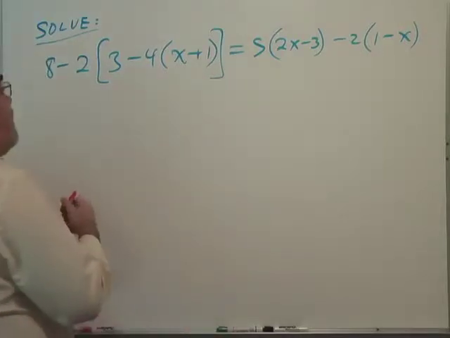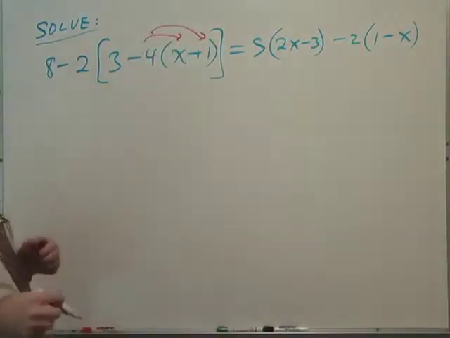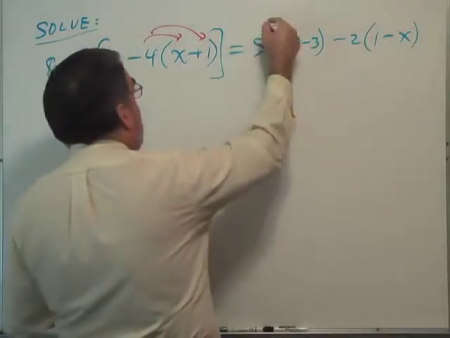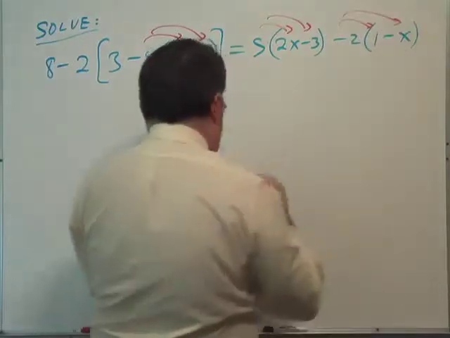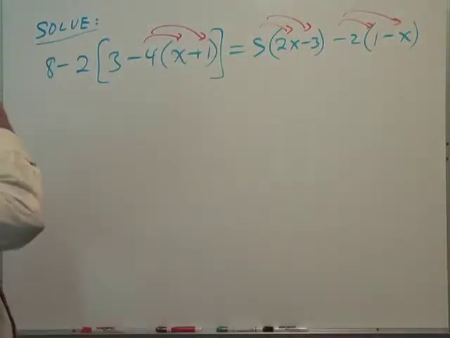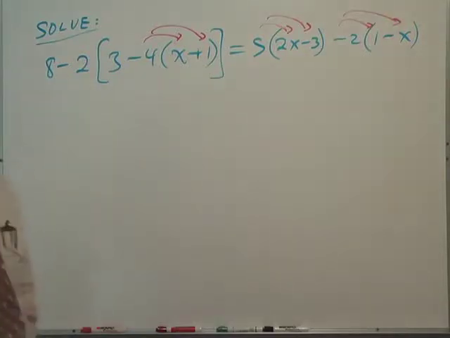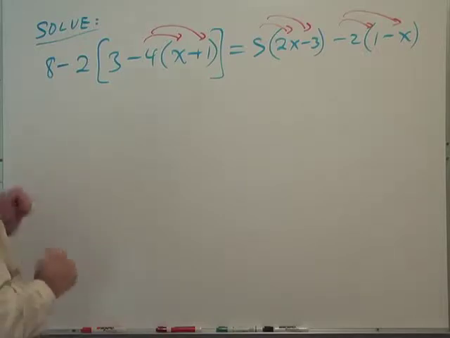So my first distribution is minus 4 times x plus 1. And we'll do the same over here. I'll multiply the 5 through here and the negative 2 through here. Those little arrows are optional. I just like to illustrate the distribution process so that it really becomes ingrained in you.